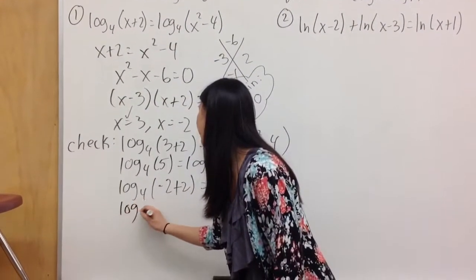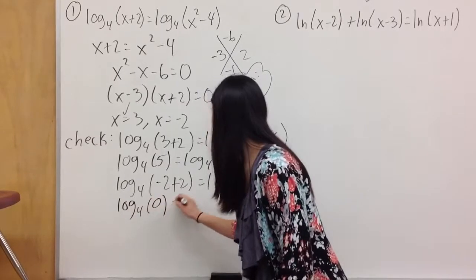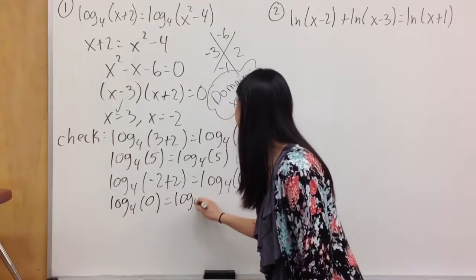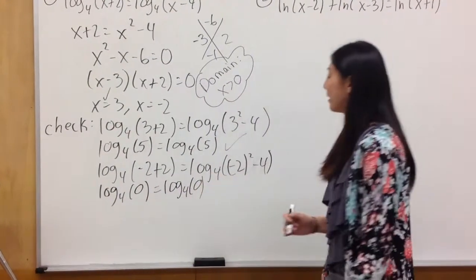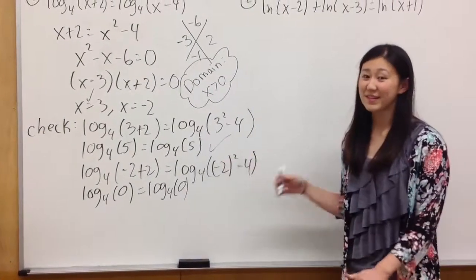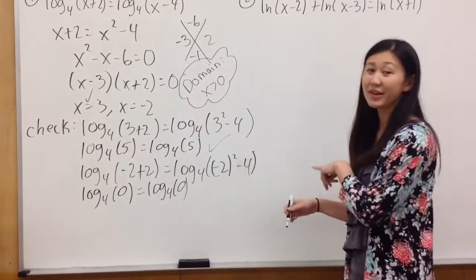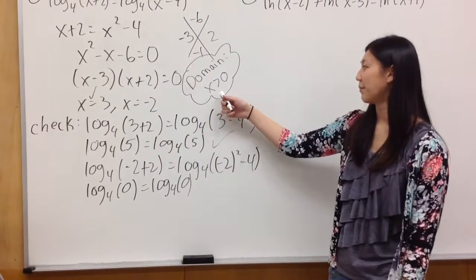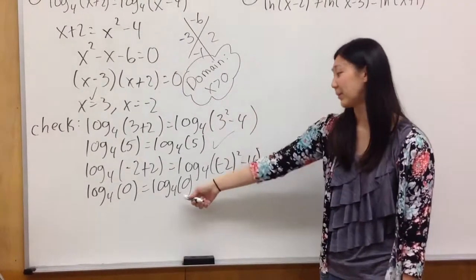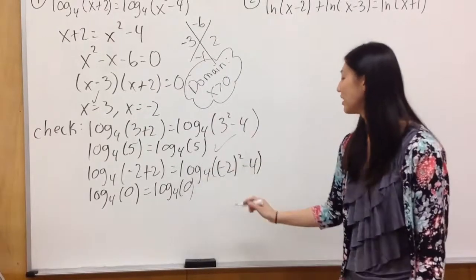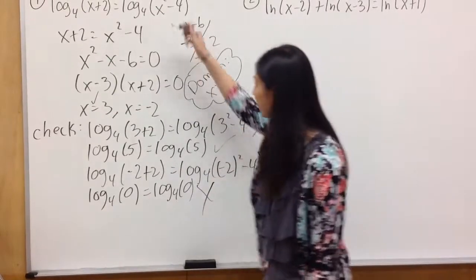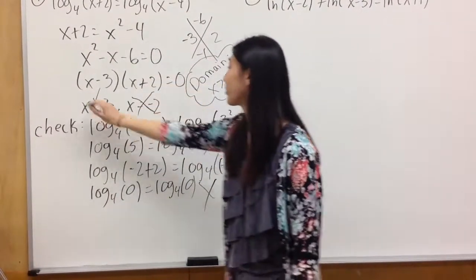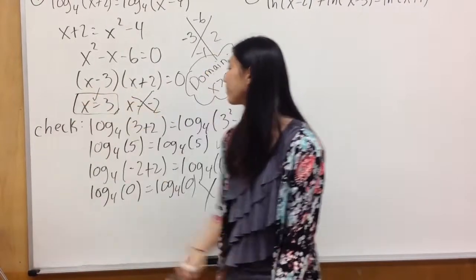We get log base 4 of 0 is equal to log base 4 of 0. Now you might be thinking, great, they're the same, we're good, but we're not good. Because, remember, our domain has to be bigger than 0 here. It's equal to 0 here, so this is not in our domain. So this one is not part of our solution, only this one is.